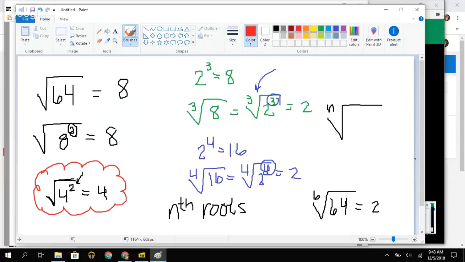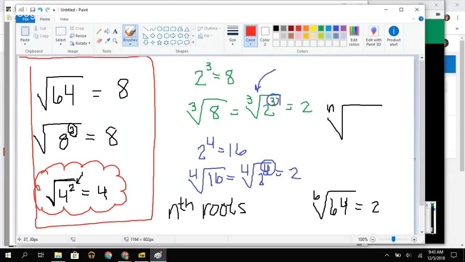If I go back to my original thing over here, when you talk about these radical signs, we call this taking the square root.